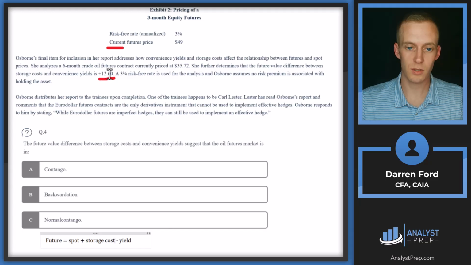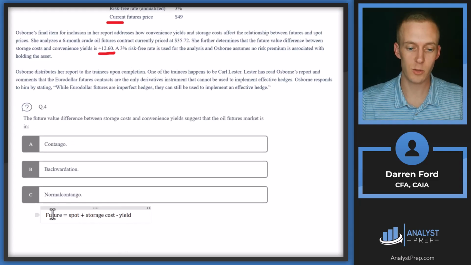So this plus 12.6 would indicate that our storage cost minus yield is a positive number, meaning that the storage cost is greater than the yield. So if storage cost is greater than yield, then we would expect the futures price to be above spot price. And we know that if futures price is above spot price, that means that the market is upward sloping like this, which would mean that it's in contango.